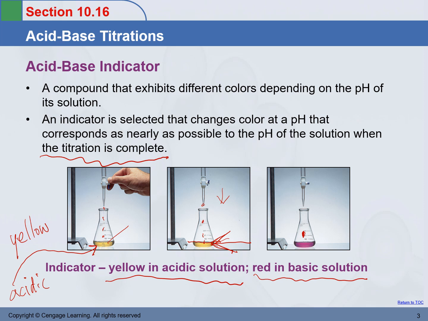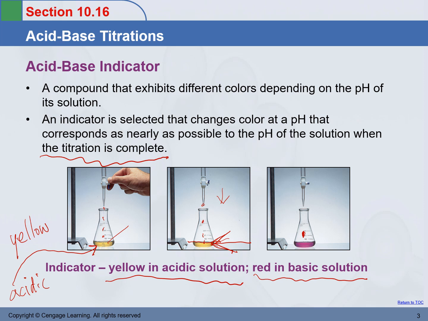You may want to ask, wait a minute, if that is the case, that means you added one more drop to the solution beyond the completing point of the neutralization reaction. That is correct. However, that one drop will not make a difference because you're going to use quite a few milliliters, hundreds of drops.